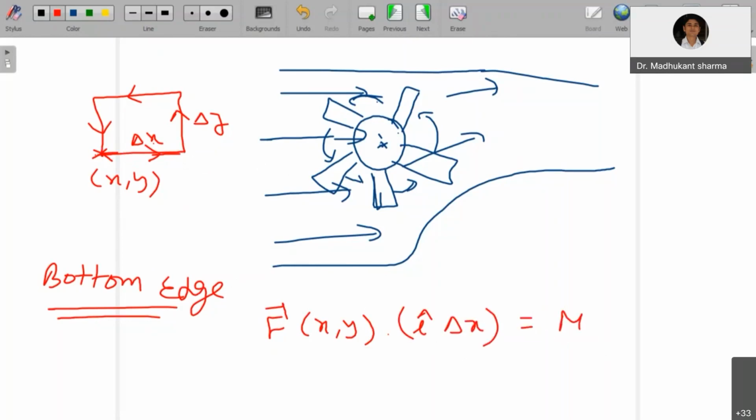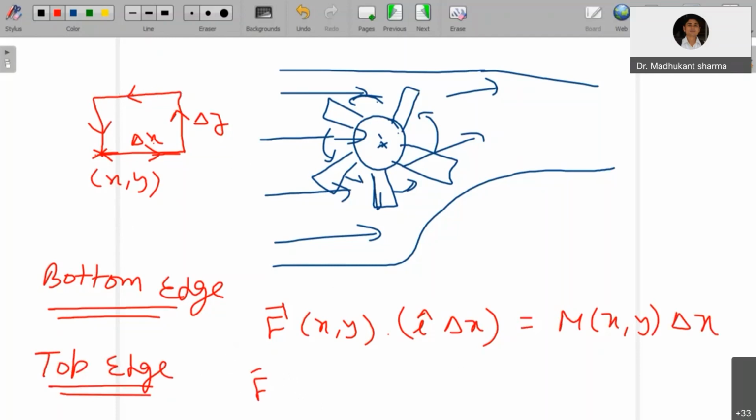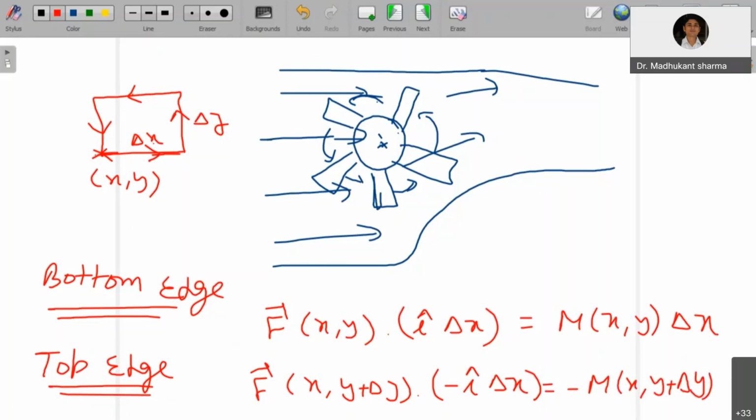So that's going to be M of x comma y delta x. Now for the top edge, the velocity field is at x comma y plus delta y. It is in the negative direction, minus i cap delta x. That is going to be, with a negative sign, M of x comma y plus delta y, times delta x.